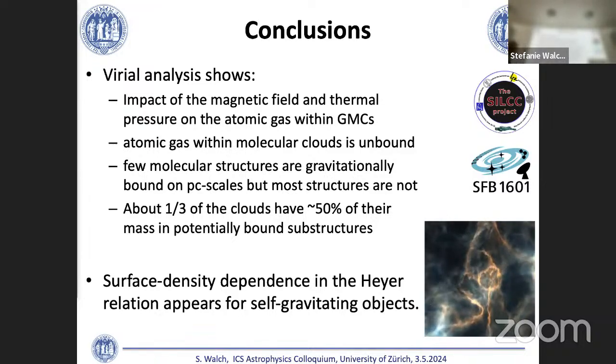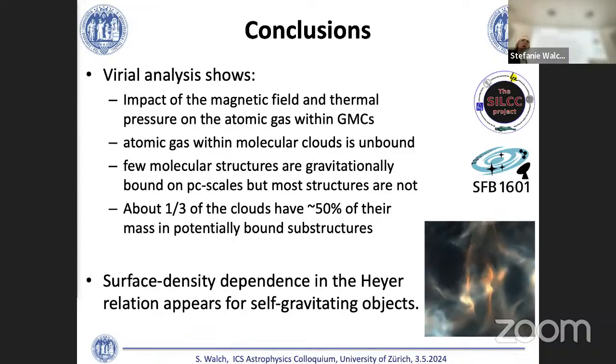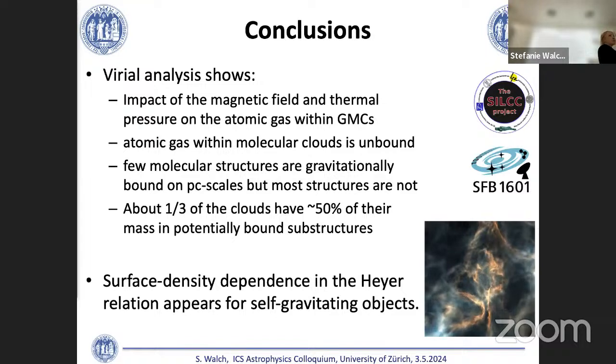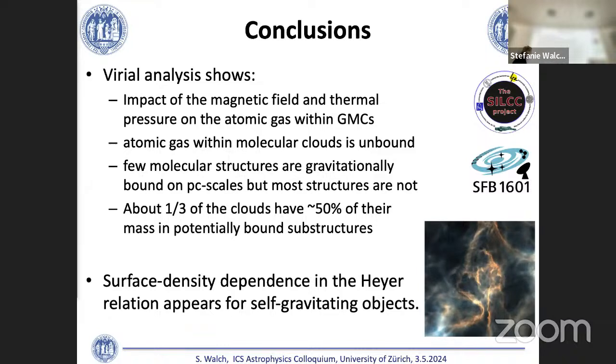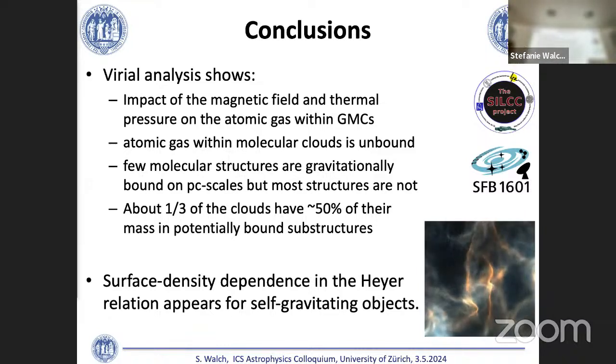And so therefore, we can work out that only a third of the clouds which we simulated have something like 50% of their mass in potentially bound structures. But basically it means that two thirds have very, very little mass in bound structures. So most of the cloud is not gravitationally bound, right? And so the surface density dependence, which is in the Larson relation, also just starts to appear for these self-gravitating objects.